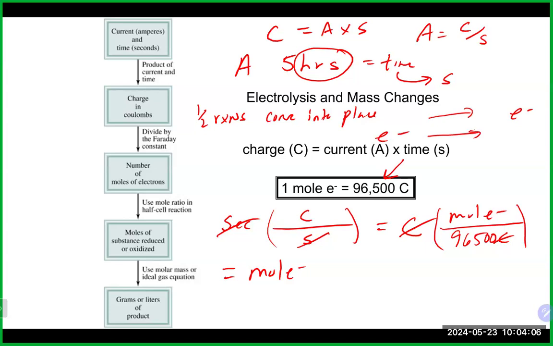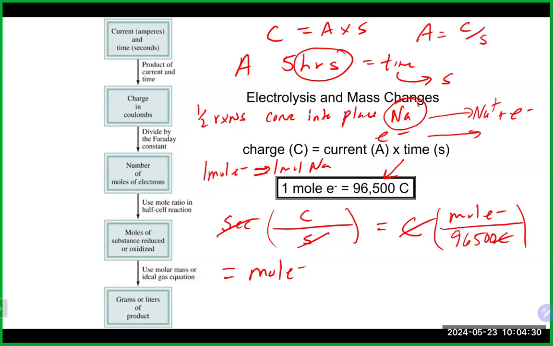So let's just say we had in this particular case some sodium. Now, if we were interested in how much sodium we would be producing, we would want to go to the half reaction here, and we could see that for every 1 mole of electrons, we get 1 mole of sodium.